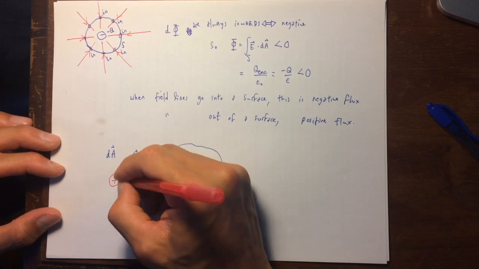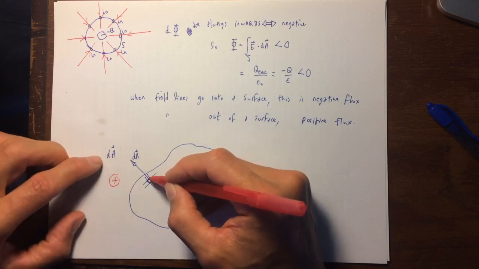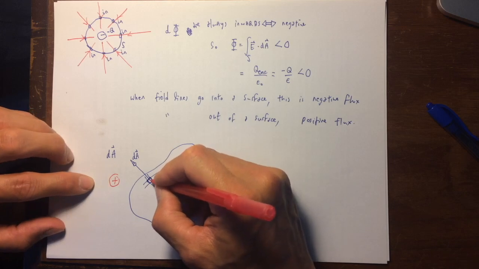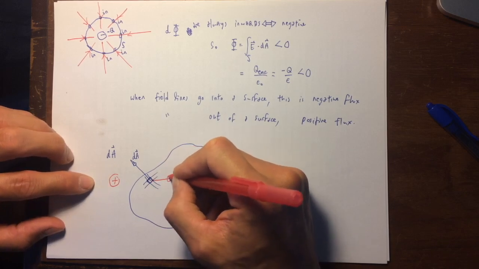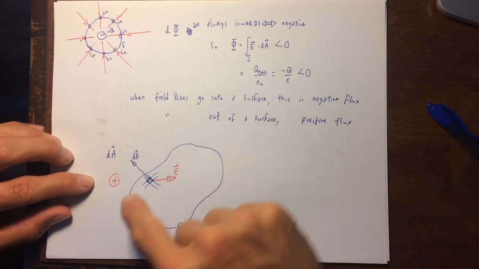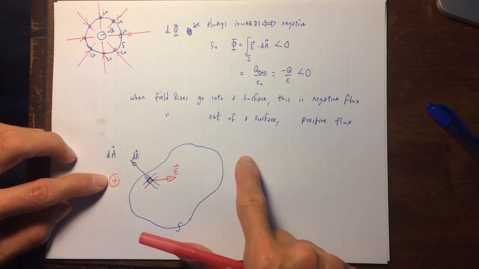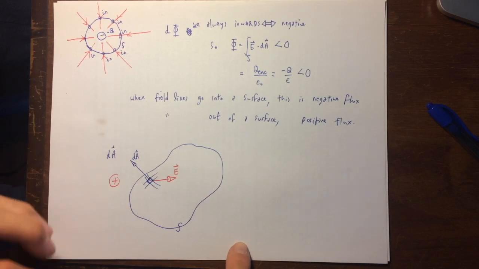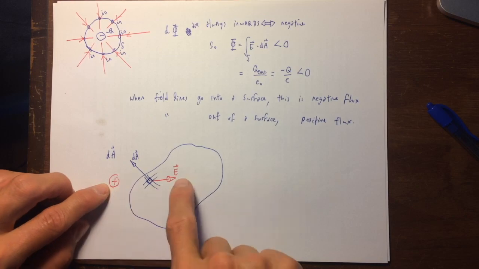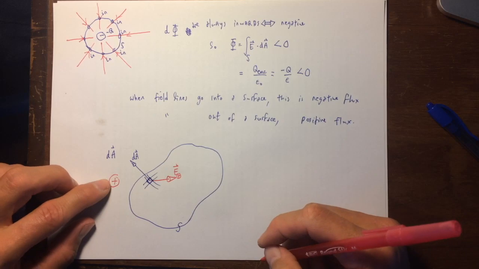At the location of the little area element of our surface, this positive charge has this electric field vector. That's the electric field due to this positive charge, because the field line goes like that across the page, and the arrow indicates that positive charges get forced in that direction.